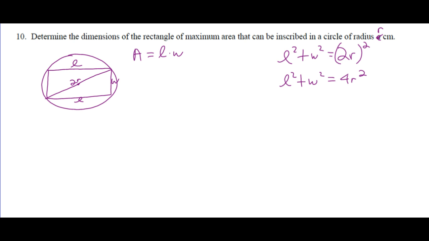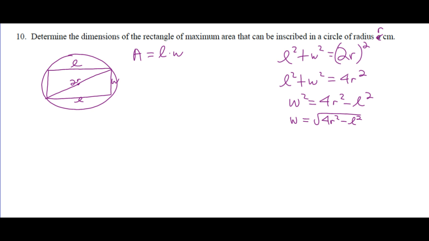Let's say we solve for W in terms of R. W squared is 4R squared minus L squared, and W would be the square root of that. Then we go back to the area and have an expression in terms of L and R, but remember L may vary, but R is a constant.